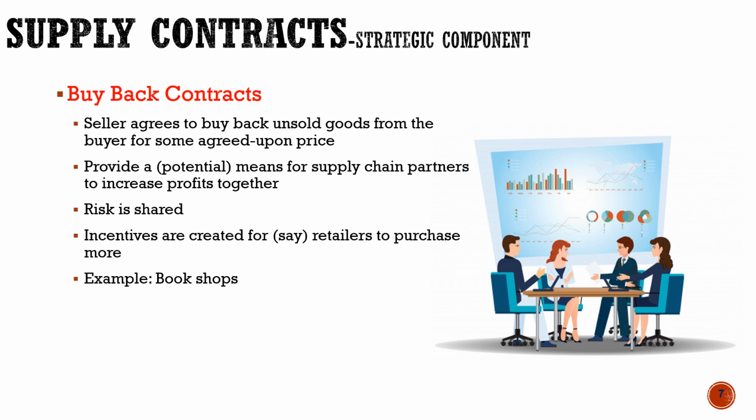At the same time, for any unsold book, the publisher will buy them back and they can sell them online or through another retailer. In this case, risk is shared and it provides incentives for the buyer or the bookstores to buy more items because they are confident that whatever quantities are left, they can resell them back to the publisher.